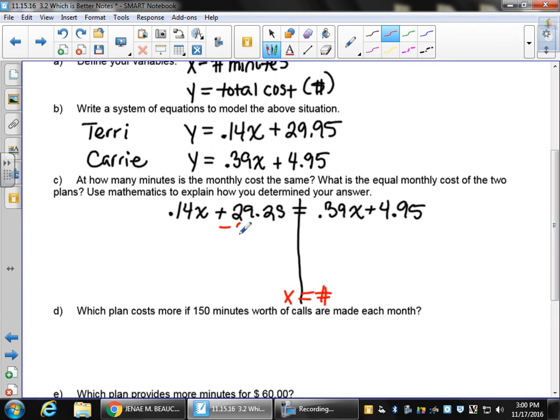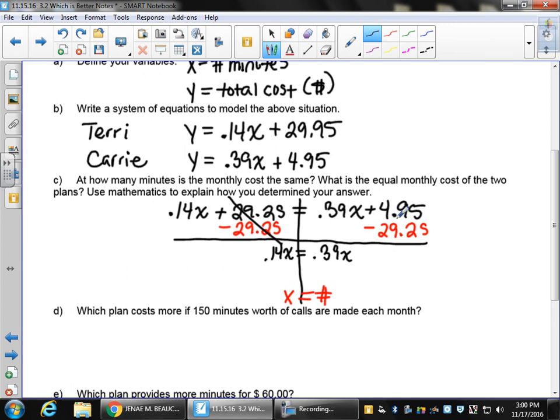I will subtract 29.25 from both sides. Oops. So now this is gone, and I have 0.14x equals 0.39x.